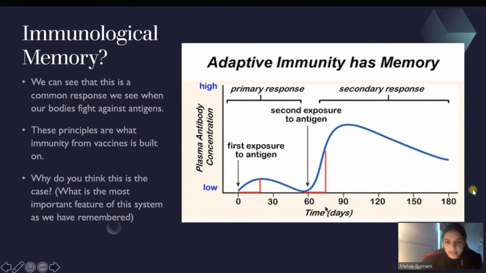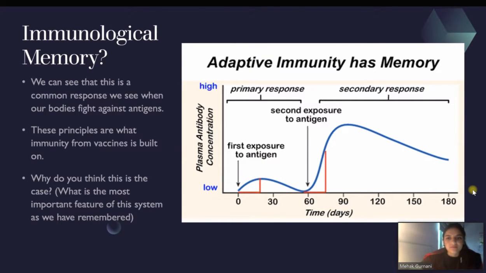It takes the same time span, but even the amount of antibodies produced is much higher. Initially you only produced this much antibodies the first time, but the second time you were exposed to it, you got almost three or four times the antibody concentration. So your body has recovered and fought off the pathogen the second time much more successfully and much more quickly.